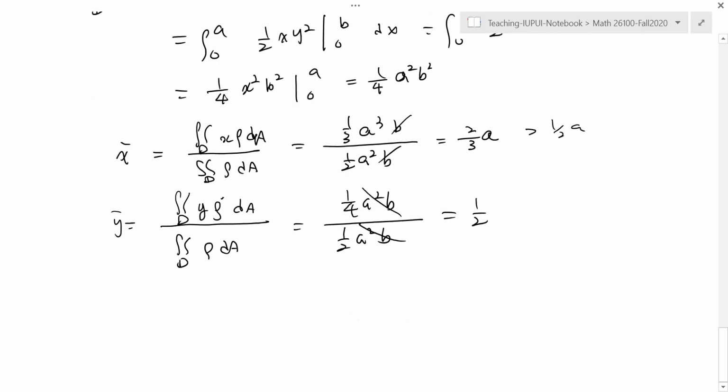So that's how we calculate the center of mass. Any questions?